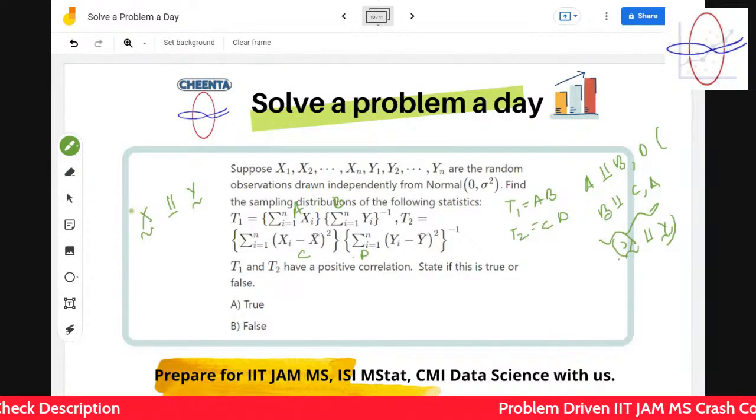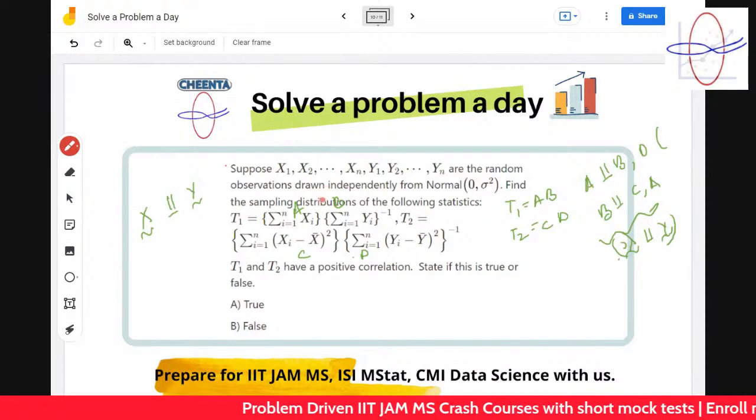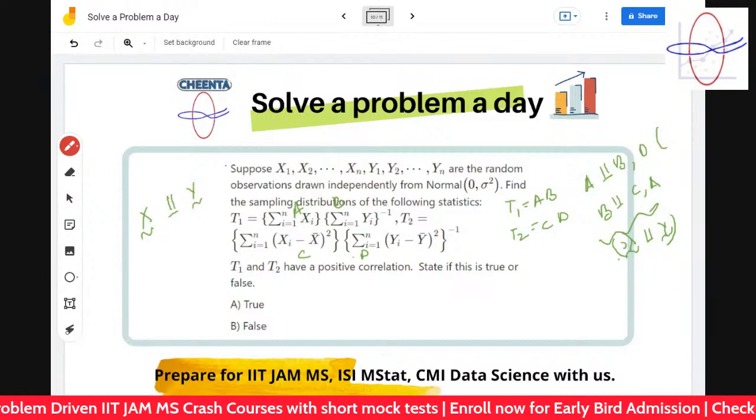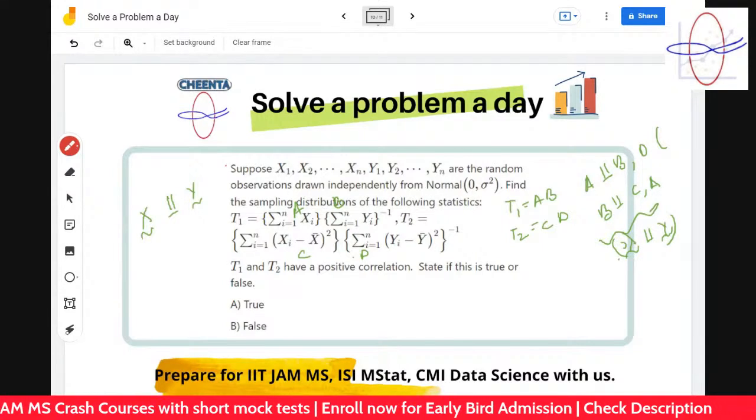Here there is also another logic. If you remember, in the normal, the mean is independent of the standard deviation.